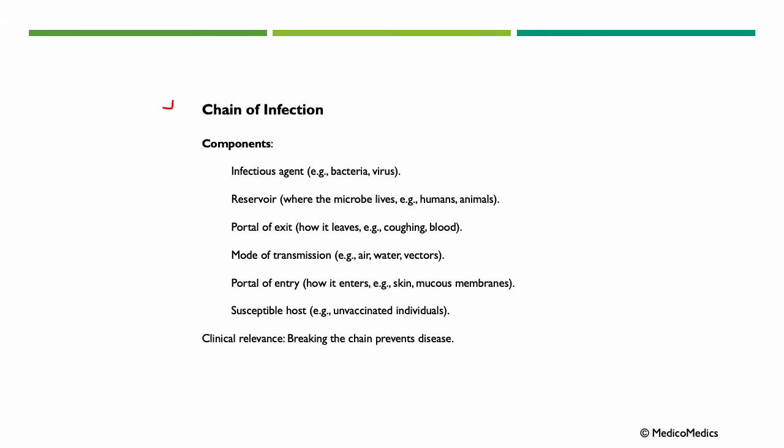Now, let's talk about the chain of infection. And what are some components here? Well, we have the infectious agent, like a bacteria or a virus. Reservoir, where the microbe lives. So, for example, in humans or in animals. Portal of exit, so how it leaves, like coughing or blood.